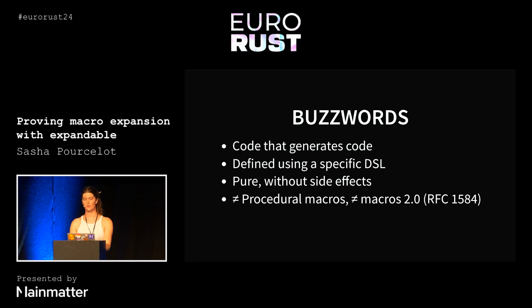Also, keep in mind this is completely different from procedural macros, which are defined in regular Rust code and are allowed to not be pure and can do any kind of nasty side effect. And this is also not the same as macros 2.0, which are defined in RFC 1584. This concept of macros 2.0 is a whole new DSL that is just not relevant here.